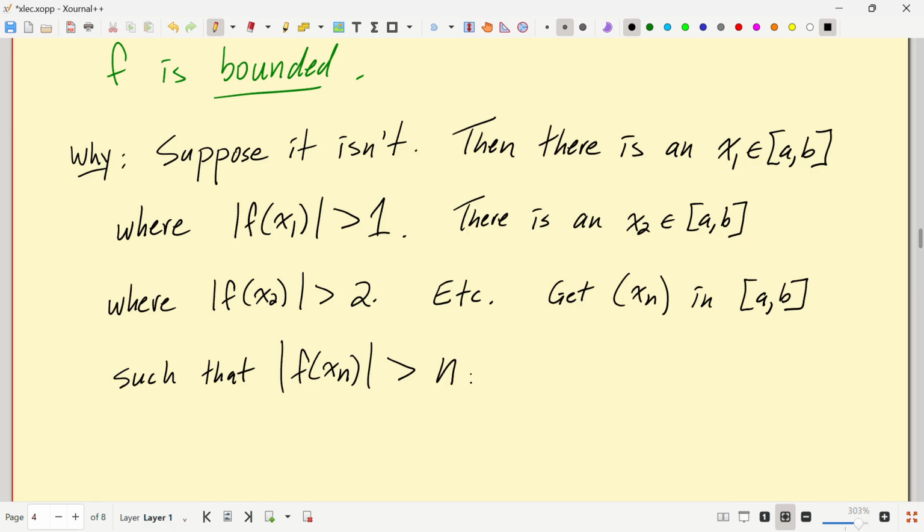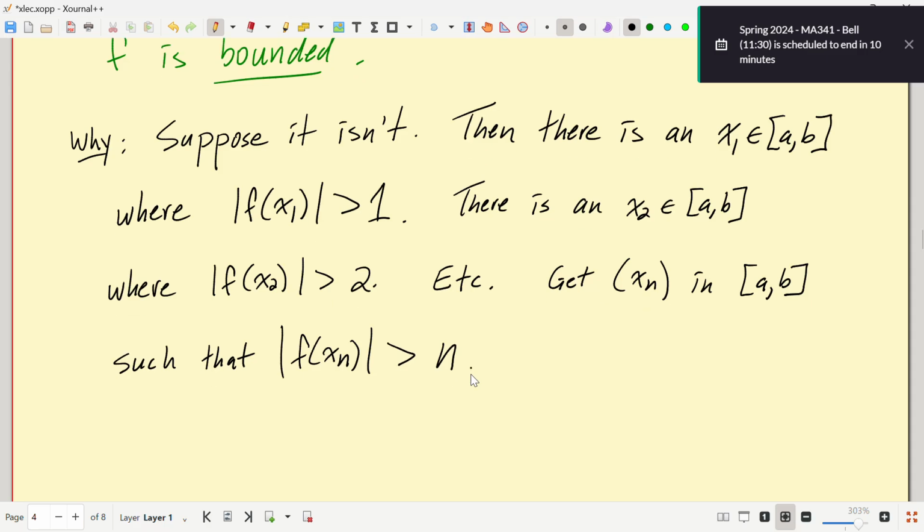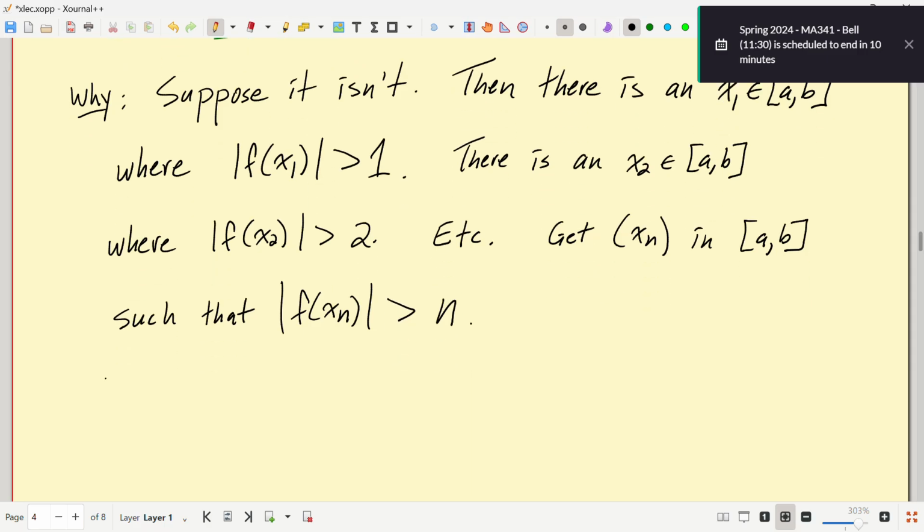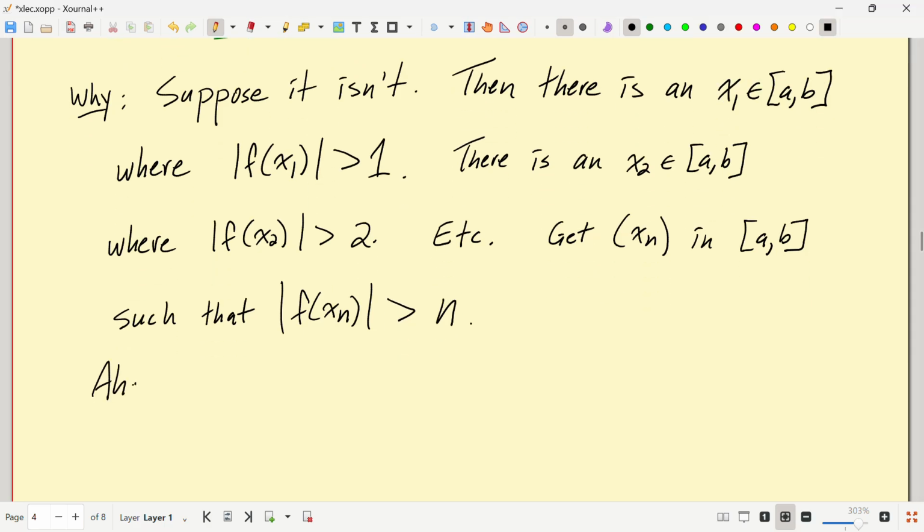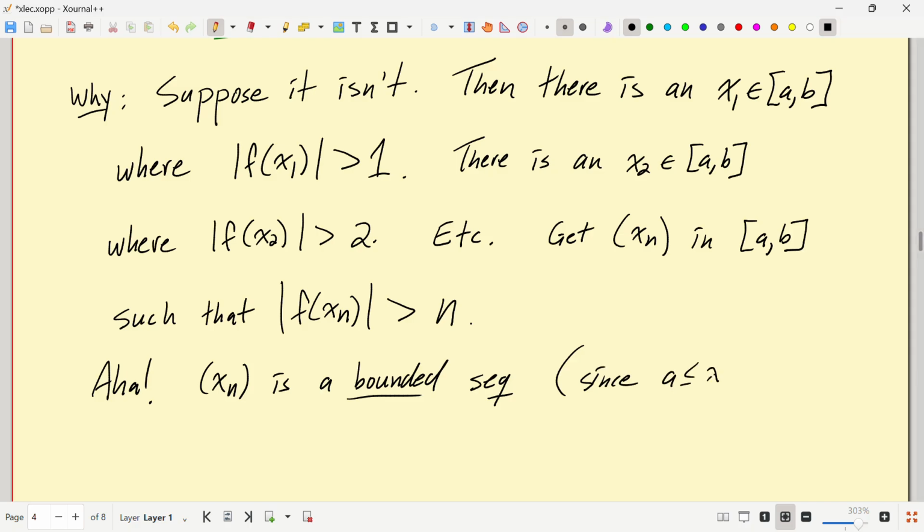And so the Bolzano-Weierstrass theorem, what's a bounded sequence? So the aha moment here is xn is a bounded sequence, since they're all in the interval, so a is less than or equal to xn is less than or equal to b.